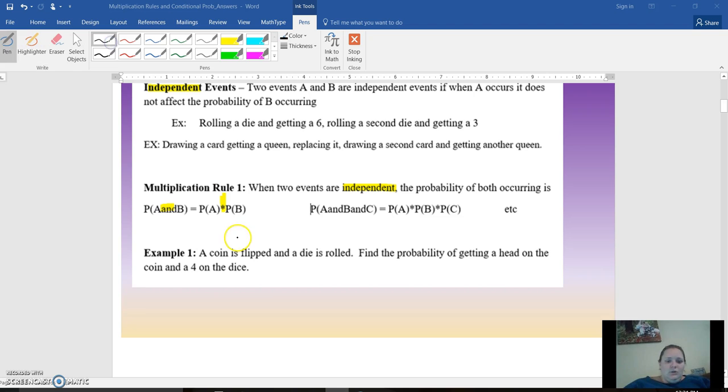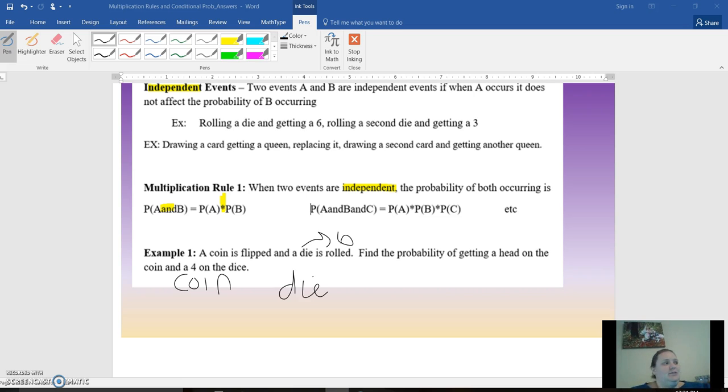Okay. So a coin is flipped, and then the die is rolled. And remember, it's always a 6-sided die, unless it specifically says, hey, this is a 10-sided die, or this is a 12-sided die. A die is just a cubic figure with the numbers on it.